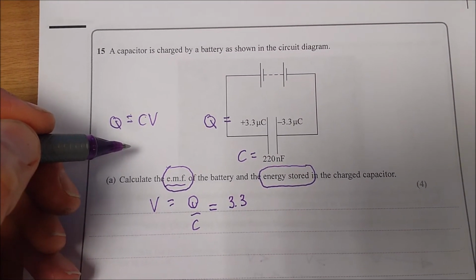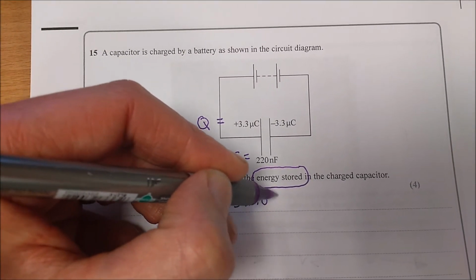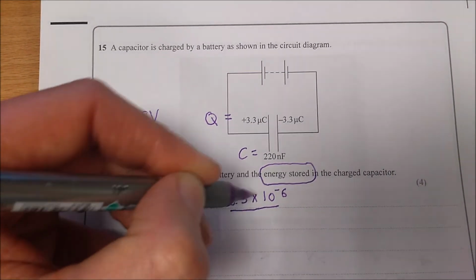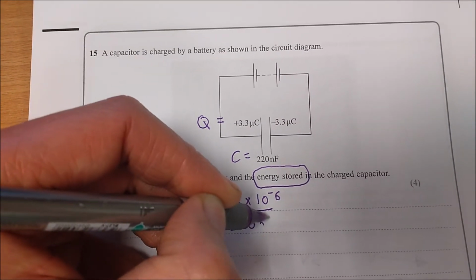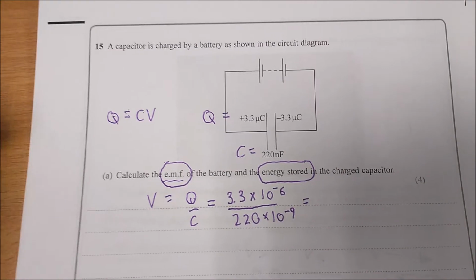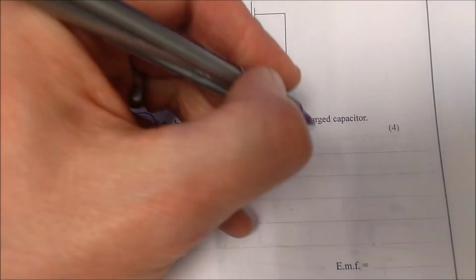Just remember micro is 10 to the minus 6 there, so we've got minus 6. And if we divide by the capacitance, 220 nano, what are we going to get? So let's just pause. So that's 15 volts there.